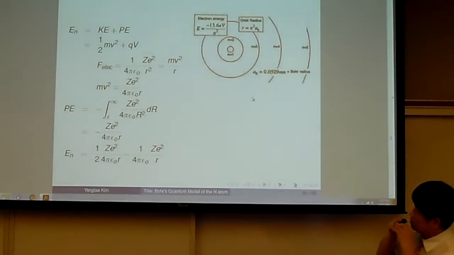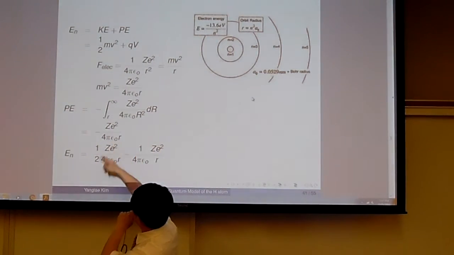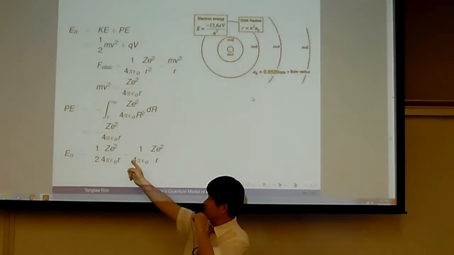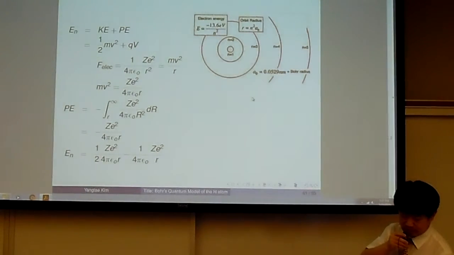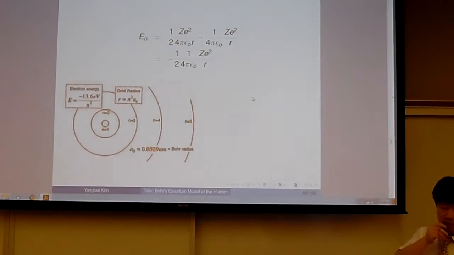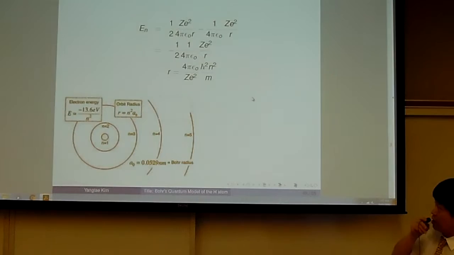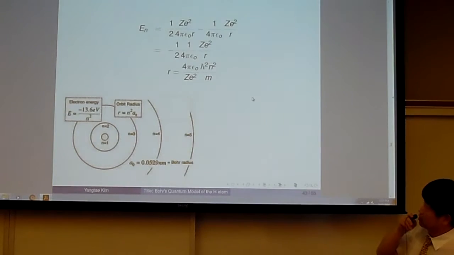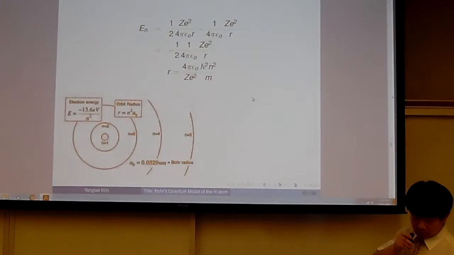So total energy becomes, if you plug in potential energy and kinetic energy, we have a half Ze square over 4 pi epsilon naught R minus 1 over 4 pi epsilon naught Ze square divided by R. That becomes negative half 1 over 4 pi epsilon naught Ze square over R. Now R, we found the expression for R. We use that here, okay, which is 4 pi epsilon naught ħ square n square over Z e square m.